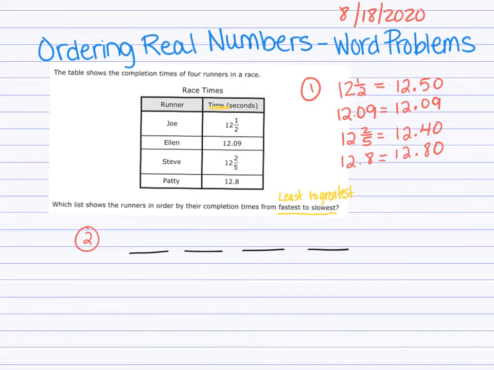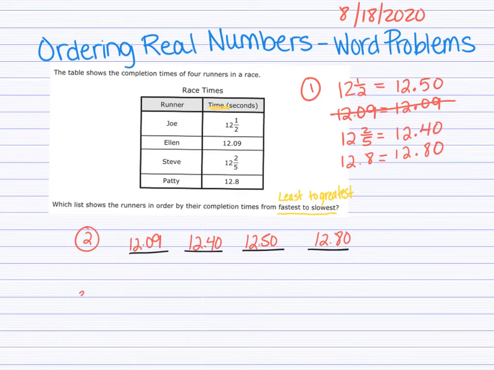Since these are all positive numbers, the smallest number is the one that actually looks the smallest, which is 12.09. And then I'm going to mark that out. My next number would be 12.40, followed by 12.50 and 12.80.